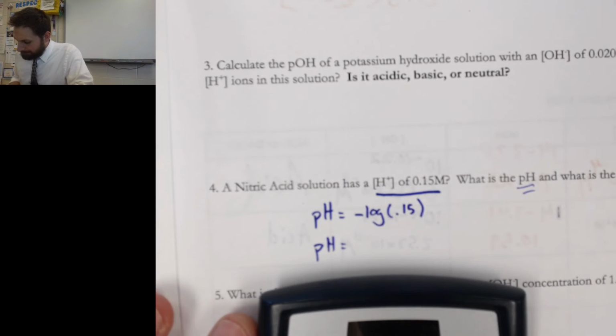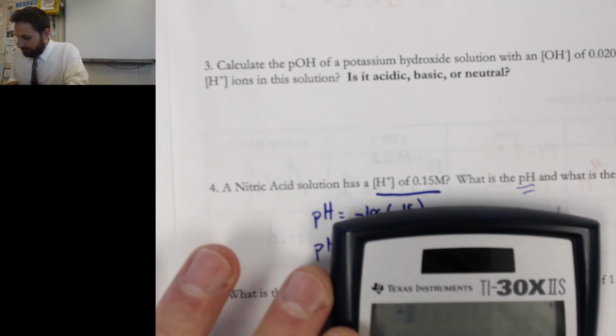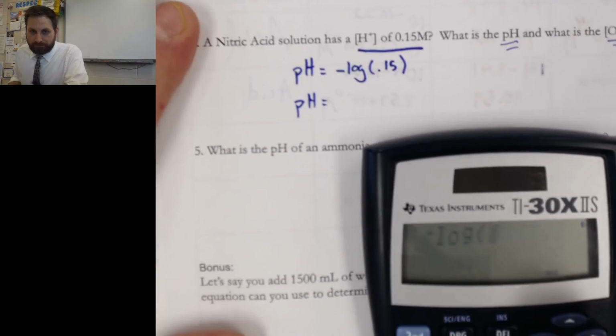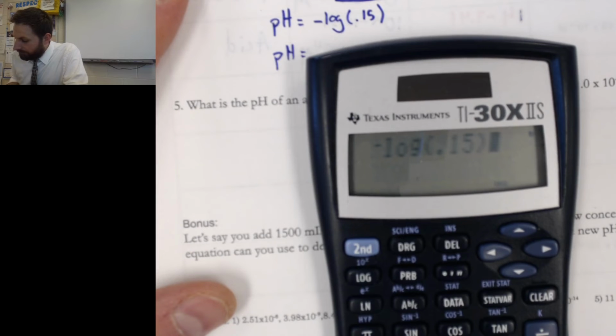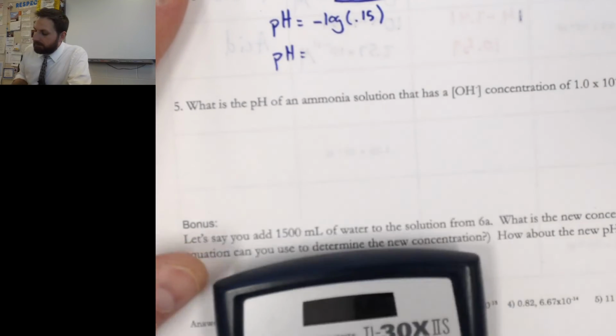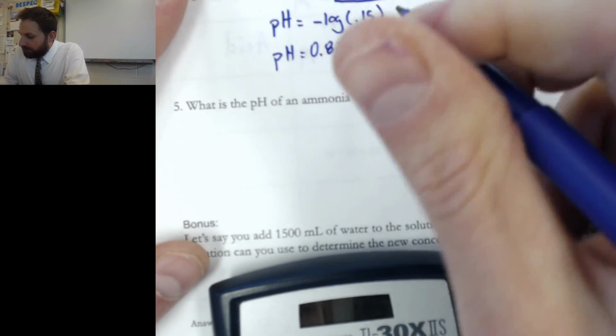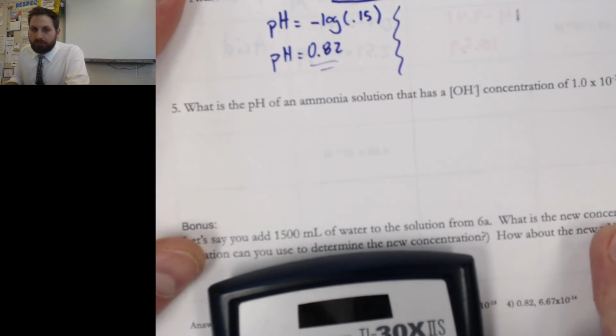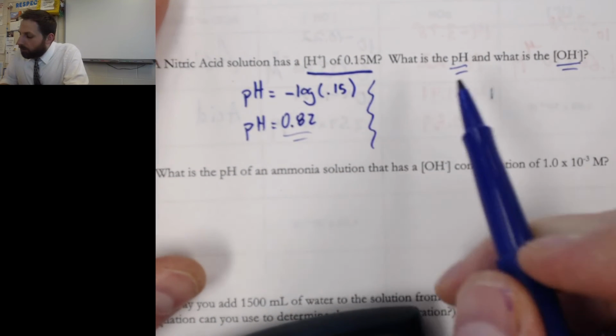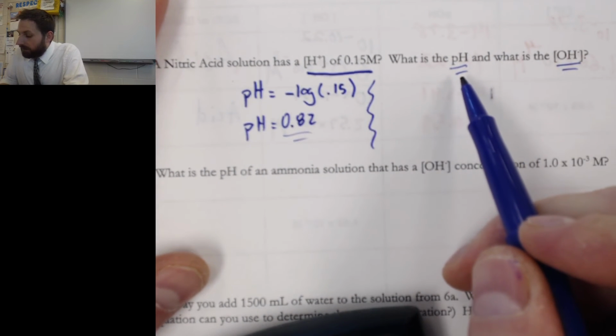Negative log of 0.15 equals 0.82. That is your pH. pH doesn't have a unit. Cool. Remember, it's power of hydrogen.